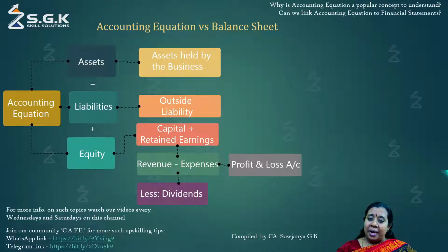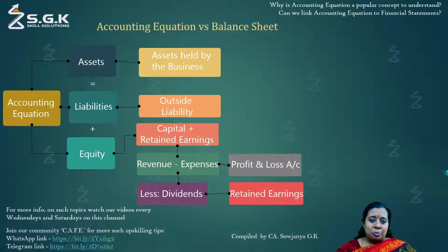So revenue minus expenses less the dividends helps us understand what is retained, that portion of the earnings which the business wants to keep with themselves. This is called retained earnings.